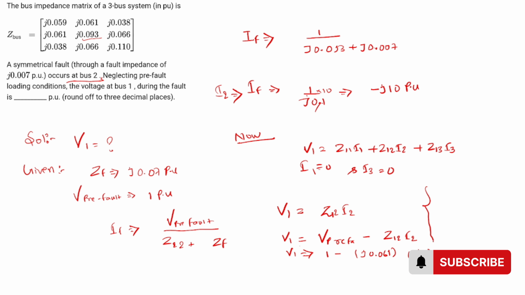So V1 equals 0.39 per unit, which is the answer to the question.